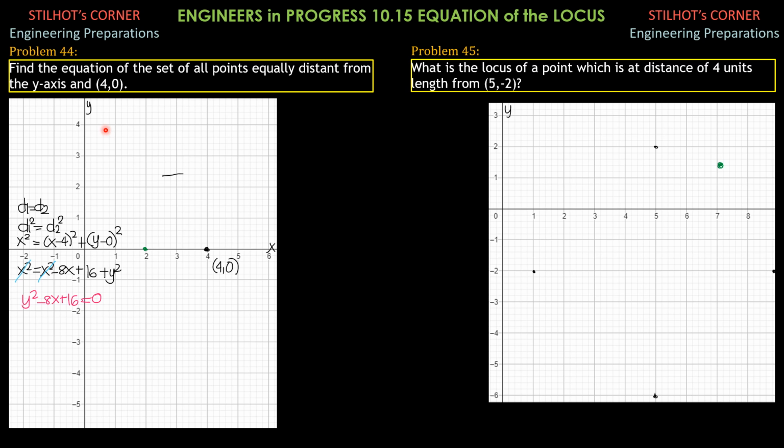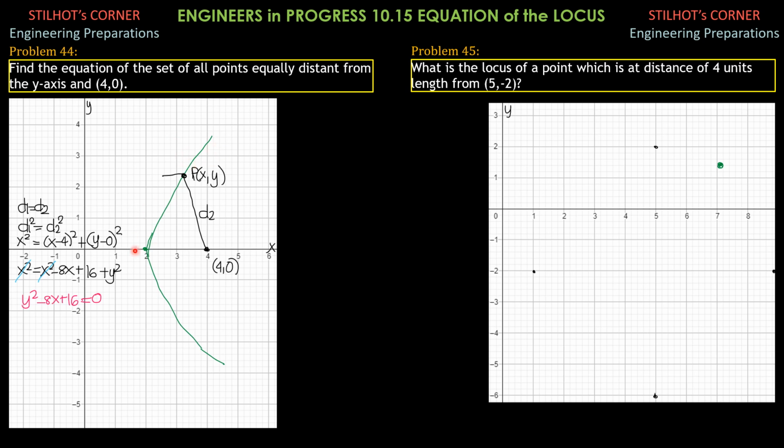And we have to find the equation of the set of all points equally distant from this point (4, 0) and the y-axis, which is expected if you are already expert in analytic geometry. The expected locus is a parabola. So let's draw the figure.